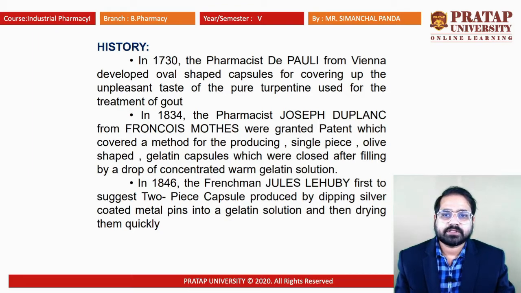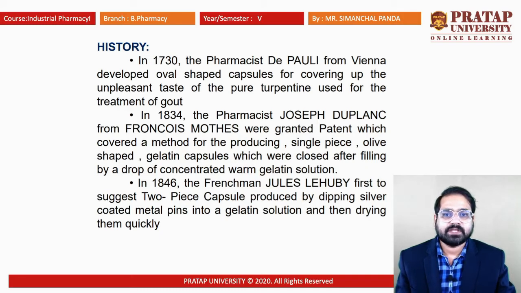In the next version, in 1834, nearly 100 years later, the pharmacist Joseph Duplanc from France was granted a patent which covered a method for producing single-piece olive-shaped gelatin capsules, which are closed after filling by a drop of concentrated warm gelatin solution.